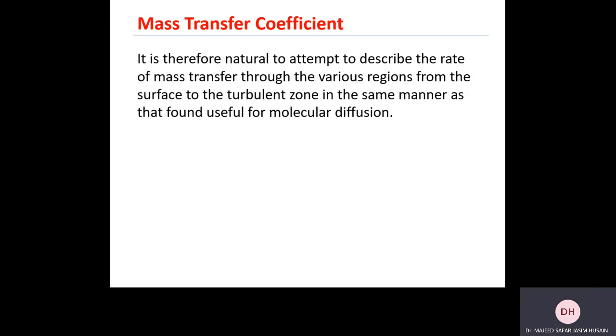Therefore, it is natural to attempt to describe the rate of mass transfer through the various regions from the surface to the turbulent zone in the same manner that is found useful for molecular diffusion. So the one which has been explained to you, you naturally want to use for further discussion.